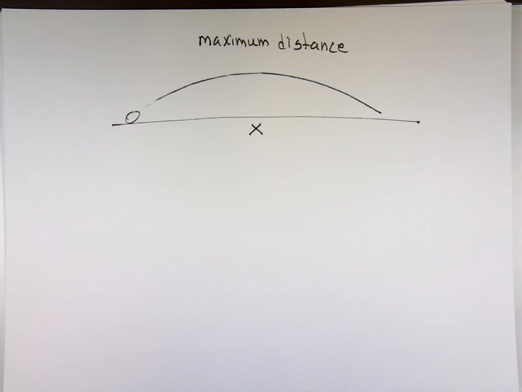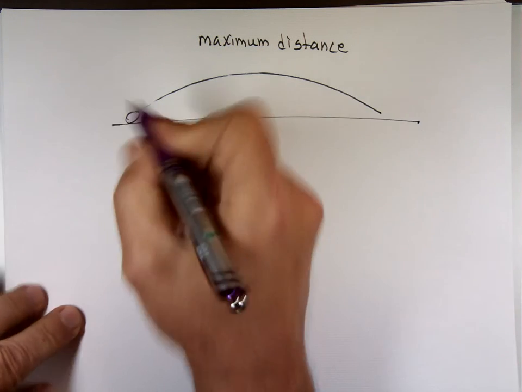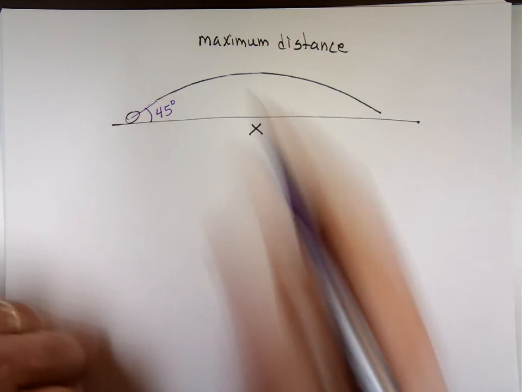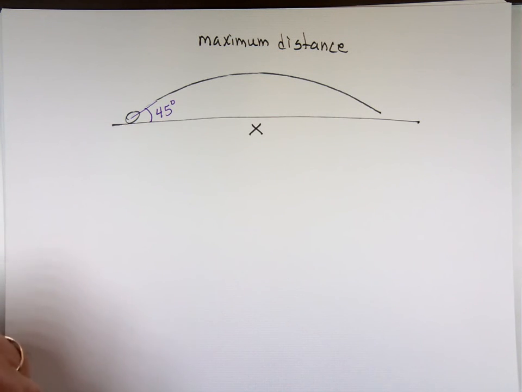There's only one angle that will give you the maximum distance. 45-degree angle. If you want the ball to go as far as possible, you want to hit it at a 45-degree angle.